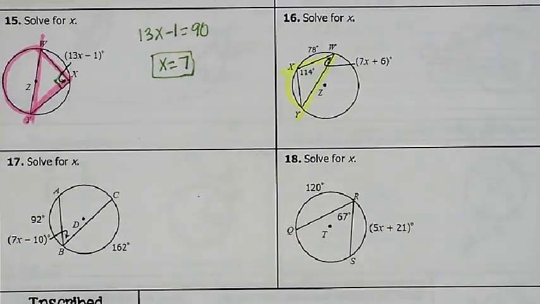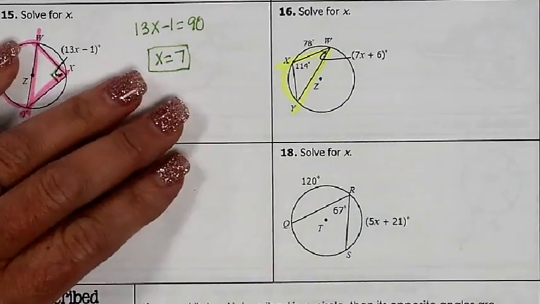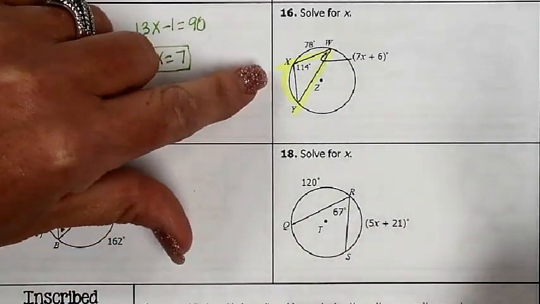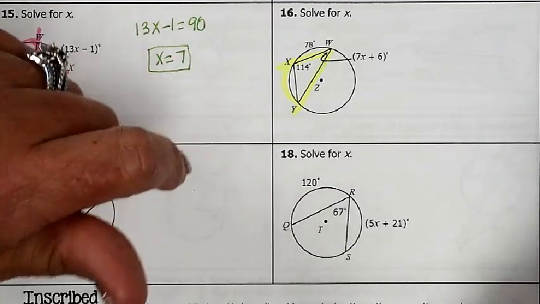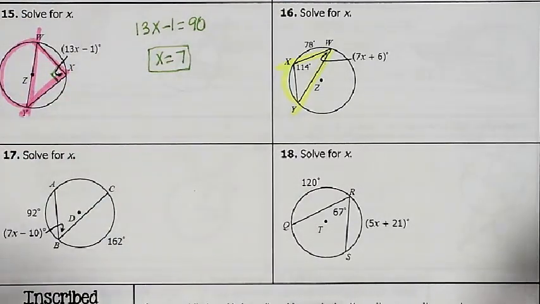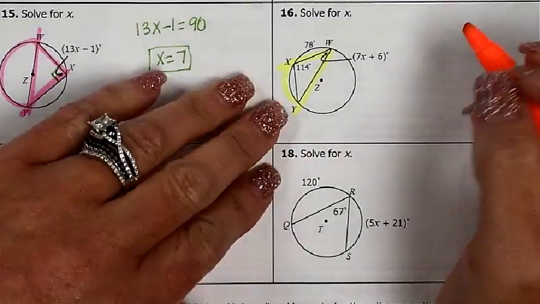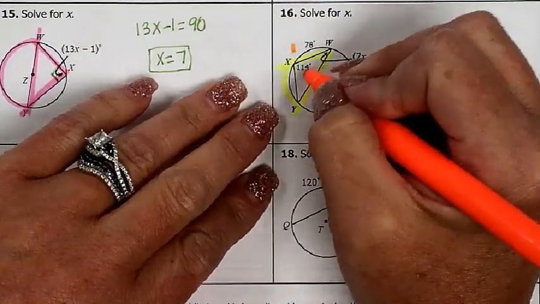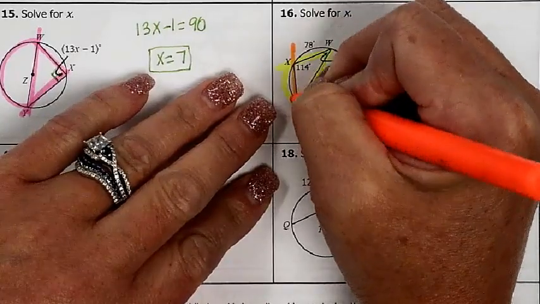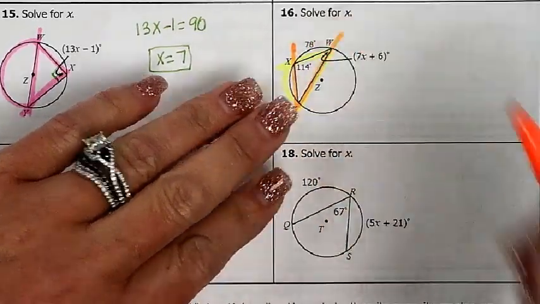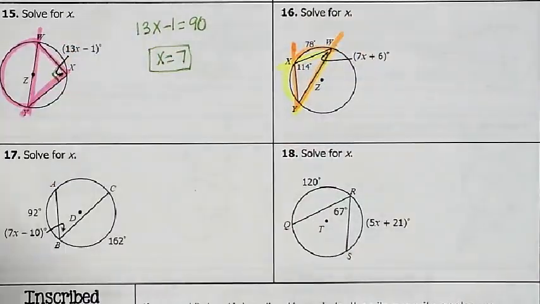Several different ways we could actually do this. How I saw it. So I saw that this inside was a triangle. This angle intercepts this arc of 78. So if I half 78, give the measure of this angle. So 78 divided by 2 is 39.